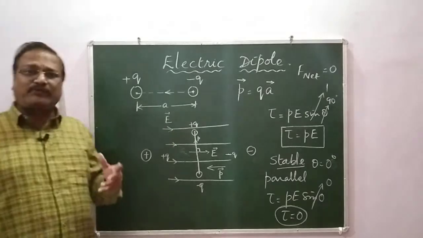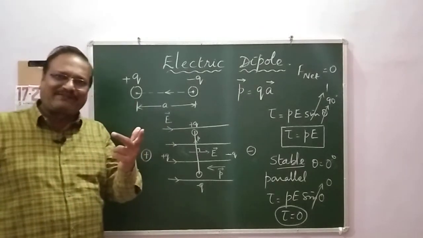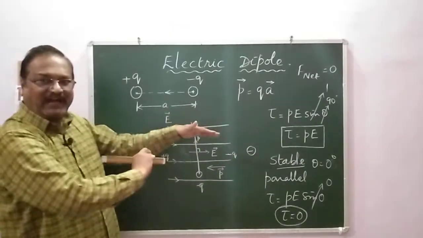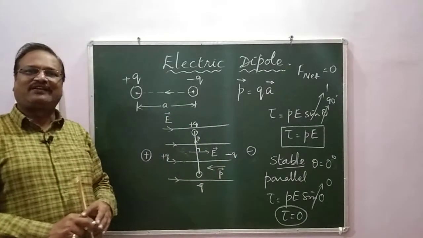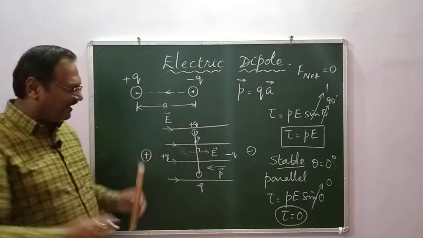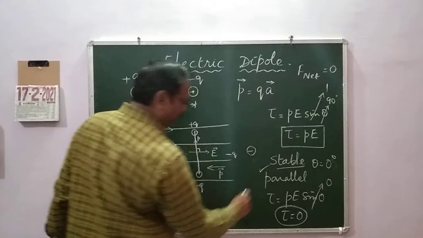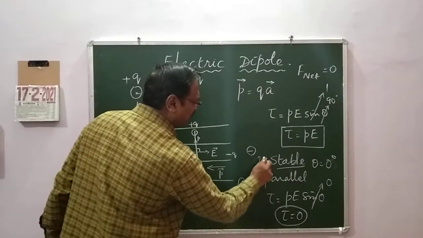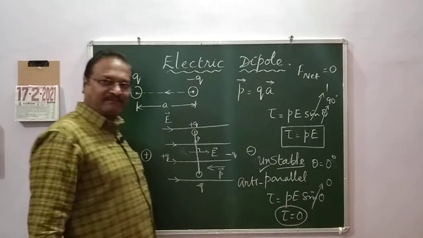Two things, the electric field and the dipole moment, are in opposite directions. So naturally they are anti-parallel. When they are anti-parallel, they will experience unstable equilibrium.